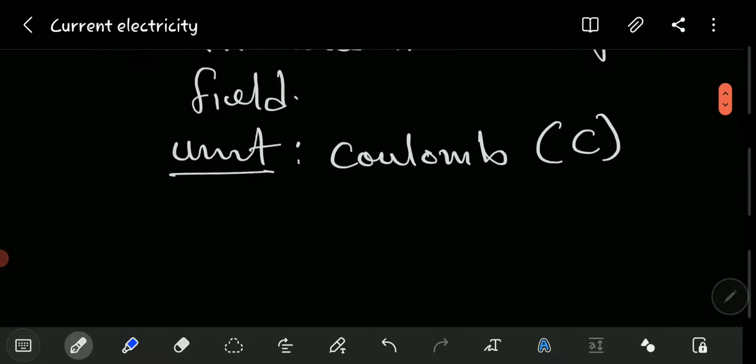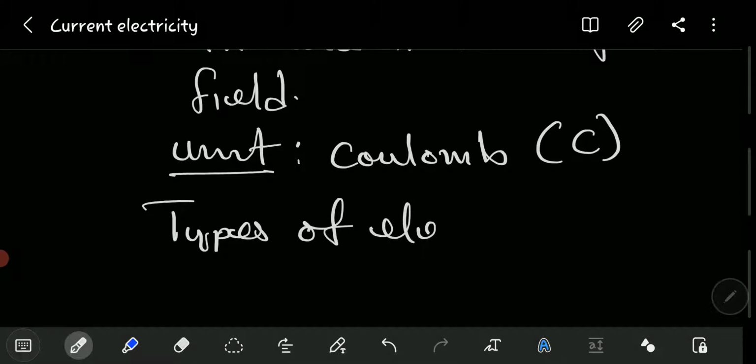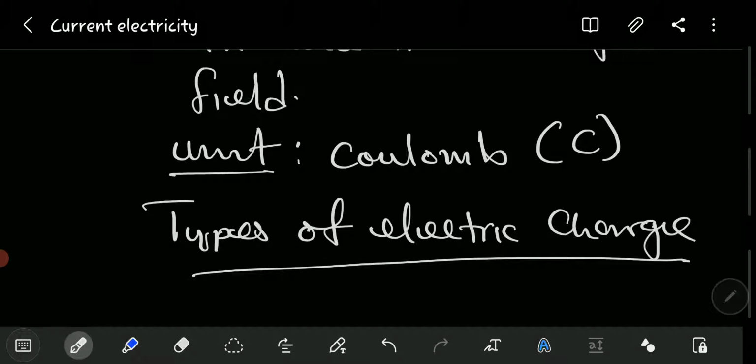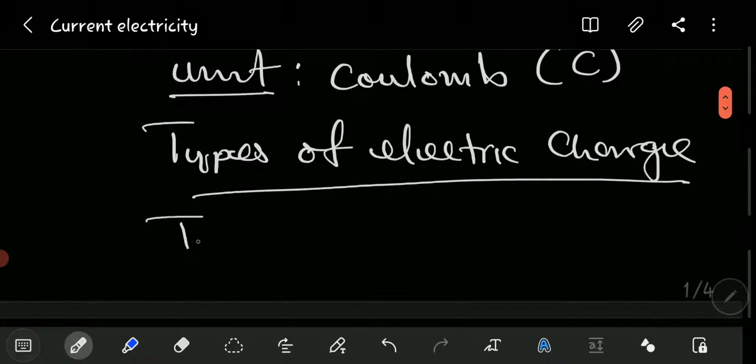Then we can now look at the types of electric charge. So basically, there are two types.